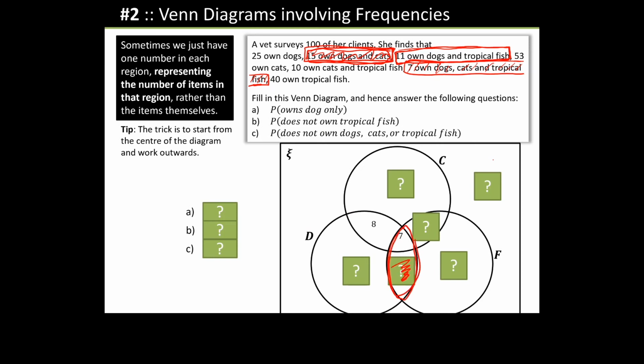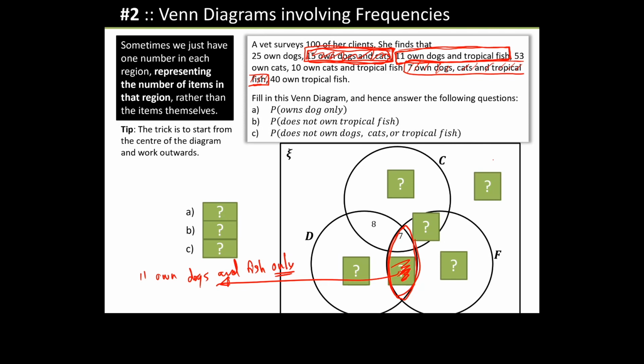It's not just referring to this question mark area, because this area would be rephrased differently. If they said 11 own dogs and tropical fish only, then we can write 11 in there straight away.